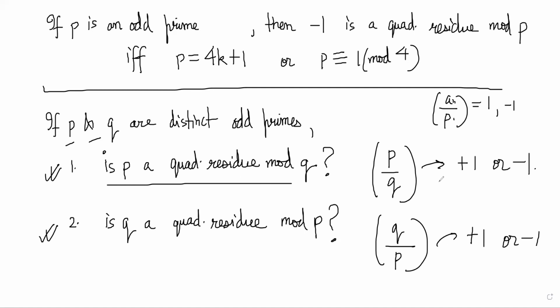However, it turns out that there is a beautiful relationship between them. So P over Q, Legendre symbol, and Q over P, Legendre symbol, they are connected. And that is basically the law of quadratic reciprocity. So I'll state the law now.